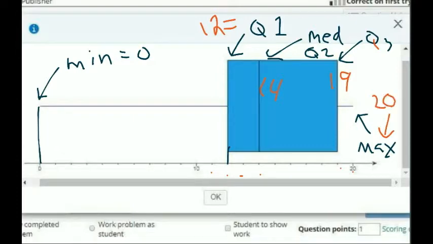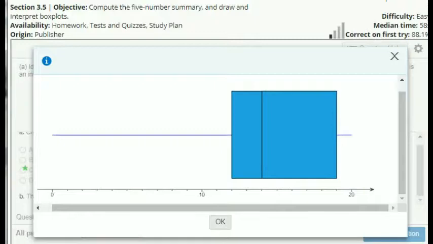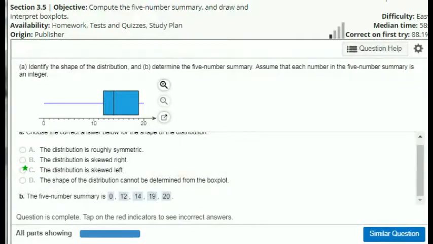It's a little bit jumbled, but we get the idea, so let's go back and see if our results are the same. So moving back, notice we have our values 0, 12, 14, 19, and 20 for the 5-number summary.